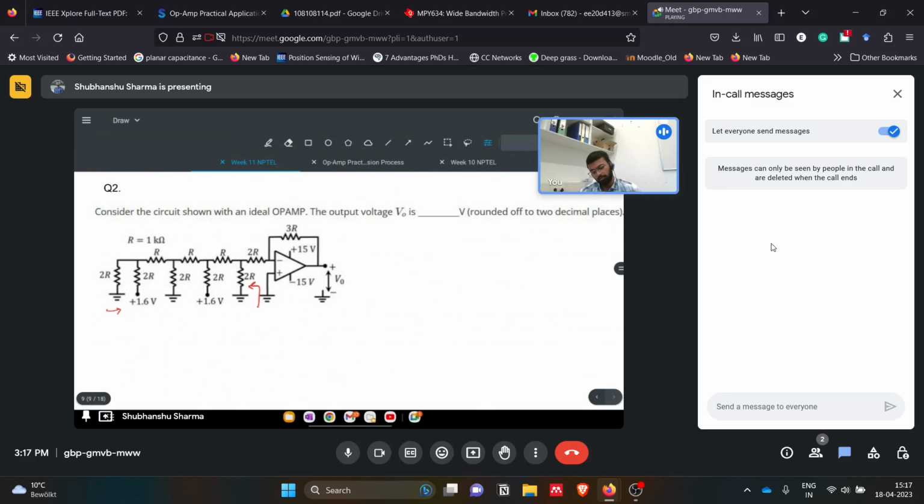Calculating the Thevenin voltage step by step of these parts is easy, and from here also it is easy, but it depends on you which way you want to solve that. Okay, so we'll go with first calculating the full Thevenin voltage.